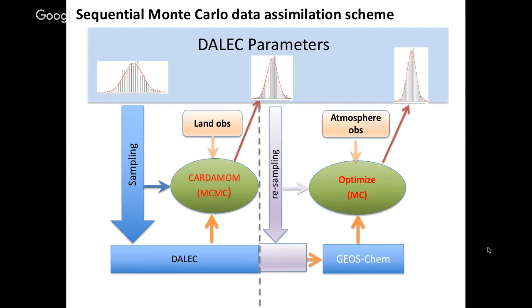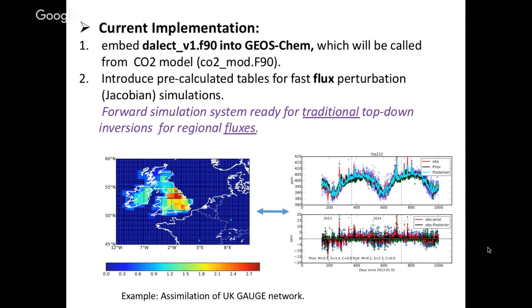Okay. So let's go to the last slide. Here is the current implementation. Basically, we already built this land module into our full model. Because we do a large number of full simulations, we also introduce the perturbation table for faster calculation. To some extent, the full model is ready.